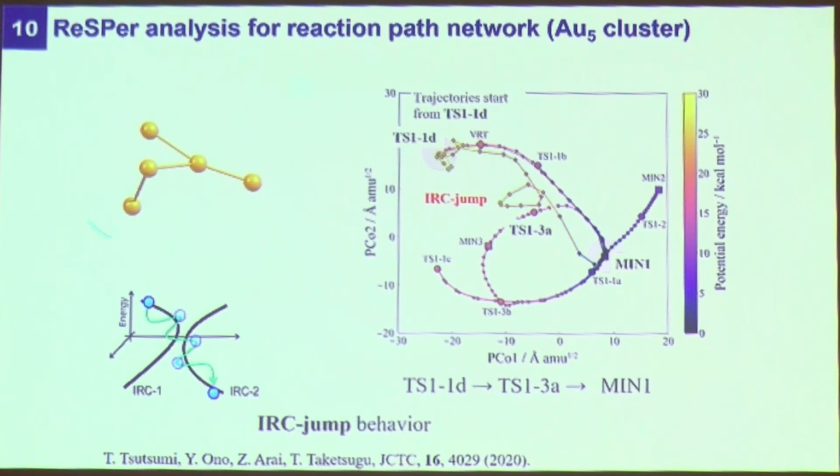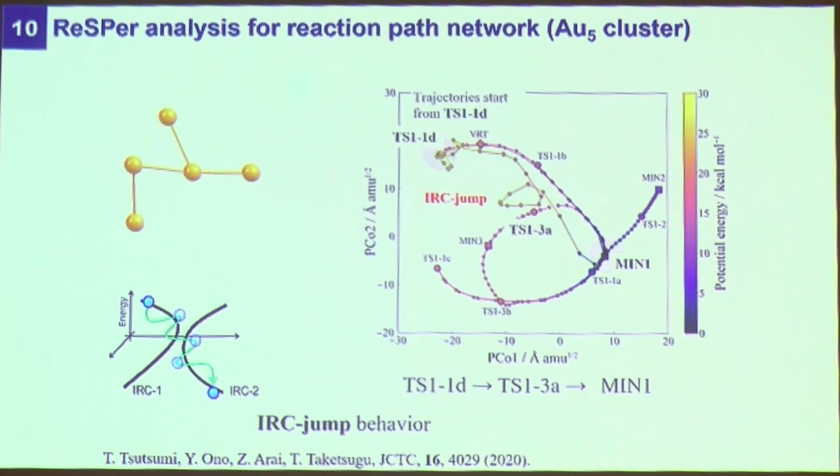It is difficult to see from this animation what happens in the gold 5 cluster. But on the basis of this reaction space, the trajectory initially proceeds along the IRC, but then jumps to another IRC, and it goes around TS13A, but it returns to min1.